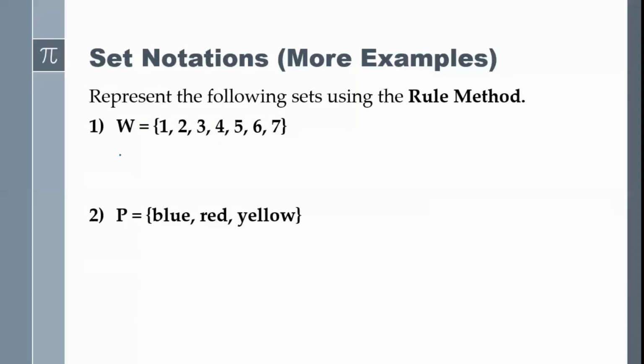So we have here W is the set of what? What can you say about these numbers? 1, 2, 3, 4, 5, 6, 7 are counting numbers or natural numbers, right? Natural numbers less than or equal to 7. So we have here W is the set of natural numbers less than, I can just write here 8 so that I don't have to put equal.